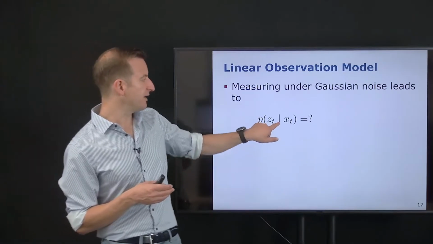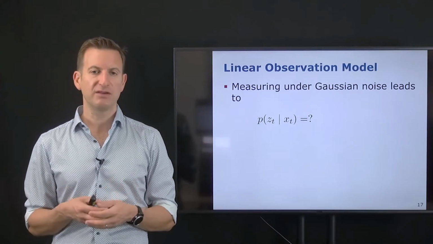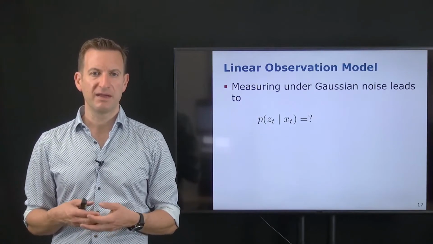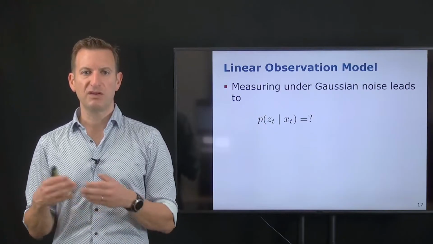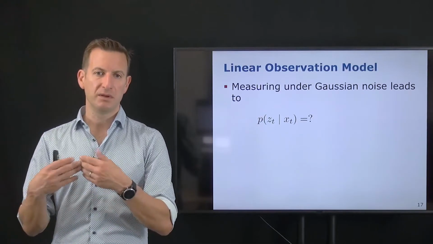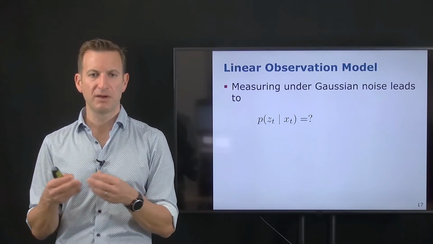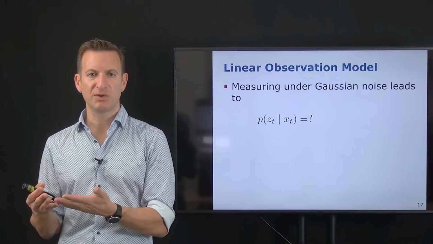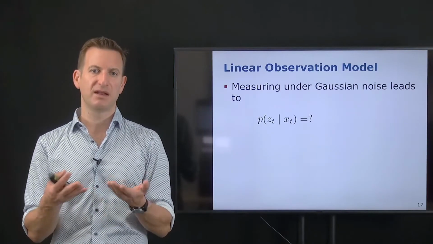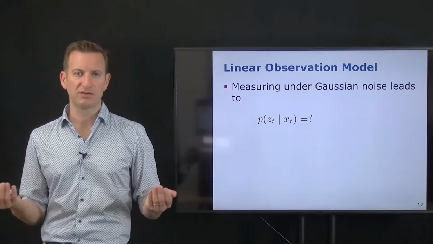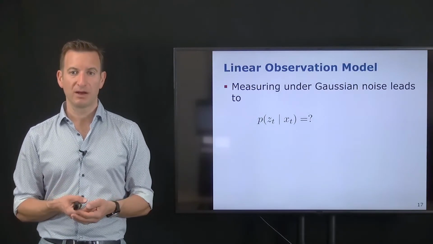The predicted observation takes into account the current state, x_t, and I compute that by taking the matrix C_t and multiplying C_t with x_t. So C_t times x_t gives me the predicted observation, the mean observation, what I'm expected to observe. Then I take into account the difference between what I'm expecting to observe and what I'm observing in reality, and I have a Gaussian distribution over that difference with the uncertainty of my observation.